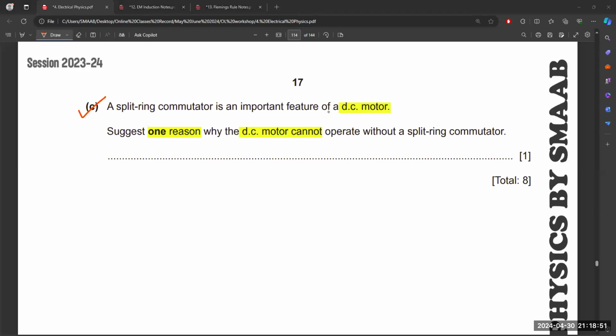If there is no gap, no cut in the commutator, or no split ring in the DC motor, the coil will not rotate in the same direction.